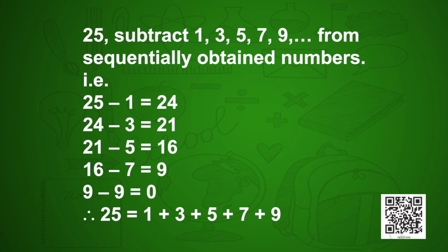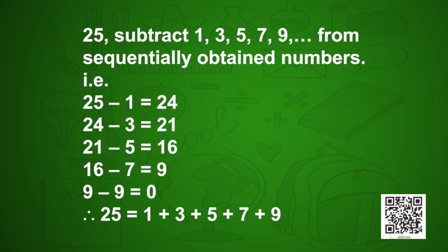So, from this number subtract the next odd natural number, which is 3. So, 24 minus 3, we get 21. So, when you start subtracting all the odd natural numbers from the obtained answer, at the end we got that 9 minus 9 is equal to 0. Since we had subtracted all these numbers and we ended up with 0, we can write this 25 as 1 plus 3 plus 5 plus 7 plus 9.